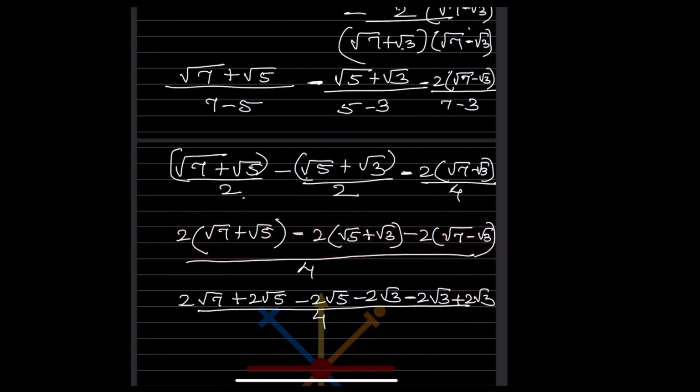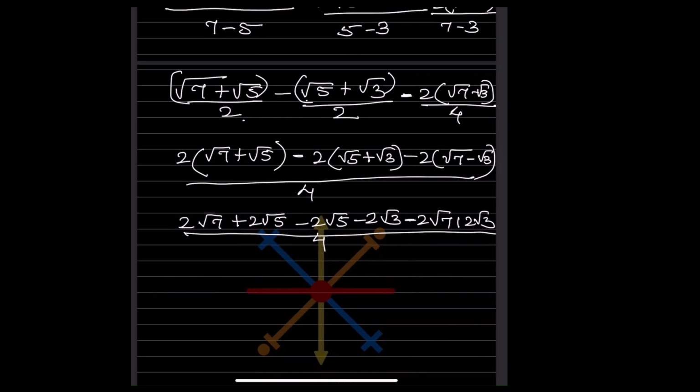Okay, so now what you can do here, 2 root 7 and this 2 root 7, here this and this goes off, then this and this goes off, and this and this goes off.